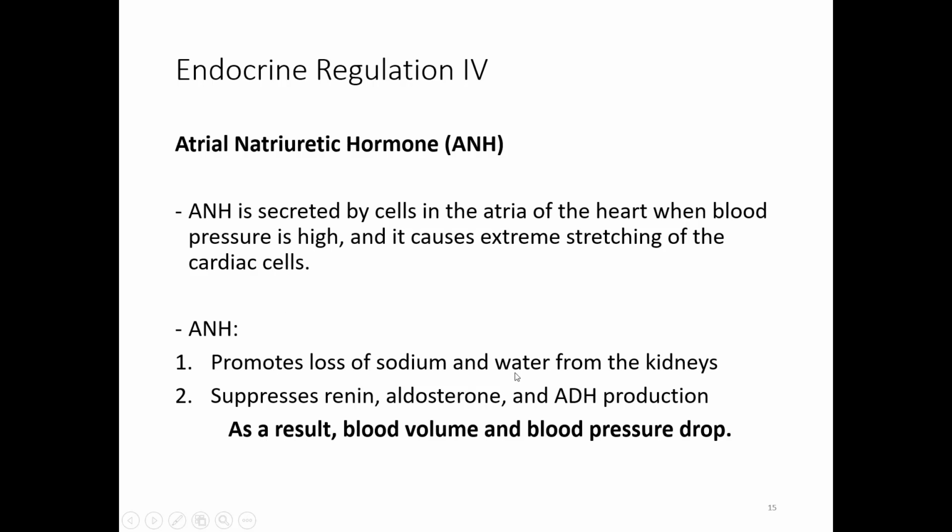It promotes loss of sodium and water from the kidneys, which means production of urine increases and blood pressure drops. Also, it suppresses production of all the hormones increasing blood pressure: renin, aldosterone, and antidiuretic hormone.